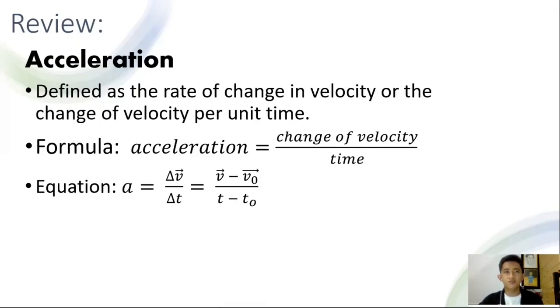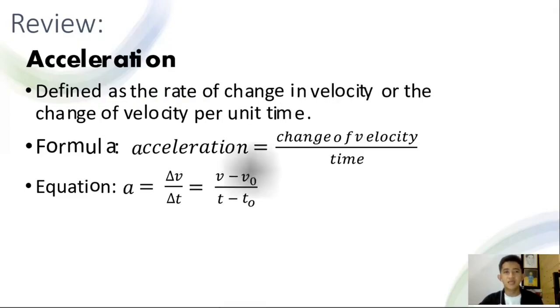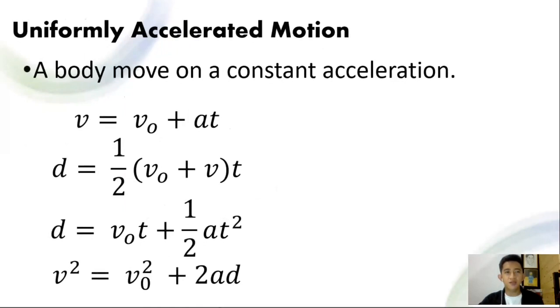Let's now move on to the uniformly accelerated motion. The uniformly accelerated motion of a body moves on a constant acceleration. When an object moves with constant acceleration, the velocity increases or decreases at the same rate throughout the motion.